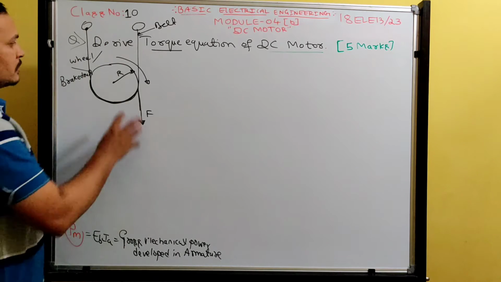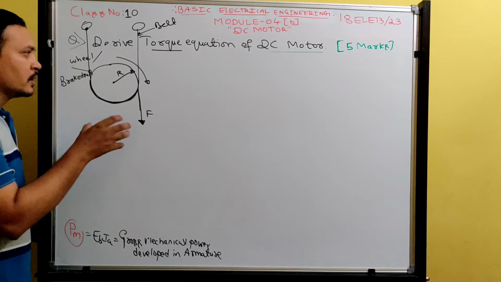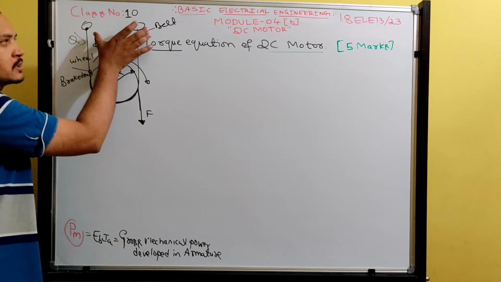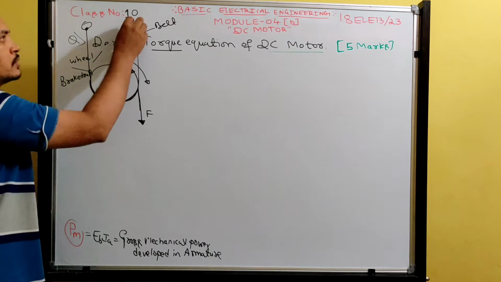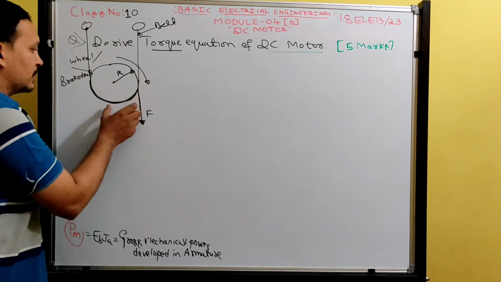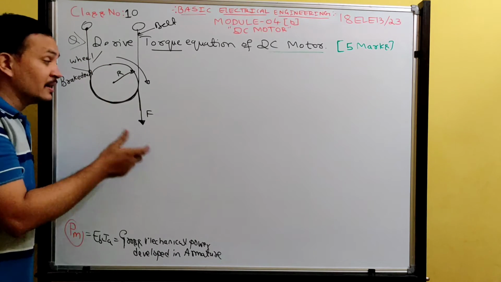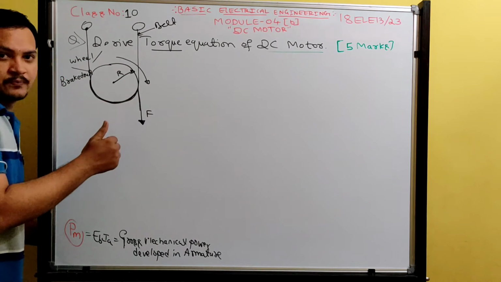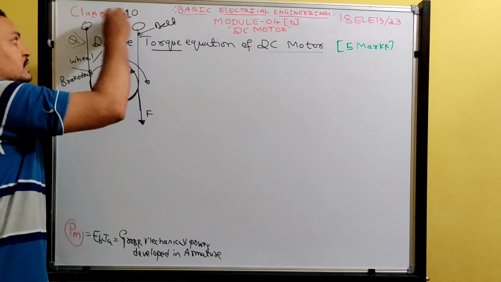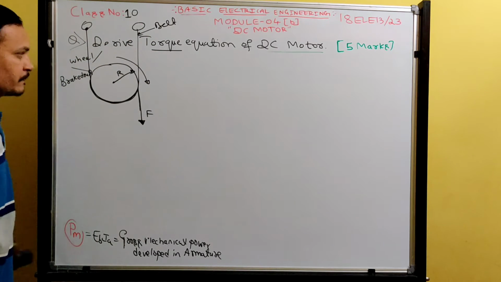So, repeat once again: the brake drum is fixed on the shaft, and the belt is driven externally. We are going to tighten this belt so that it gets tight contact with the brake drum, and then the brake drum refuses to rotate. Torque is exerted there. We are applying an external force here, and that force is acting vectorially downwards.